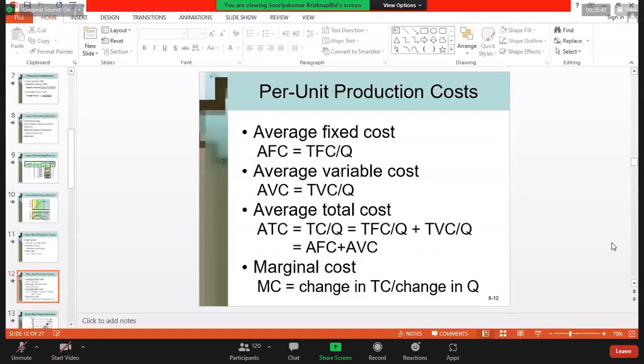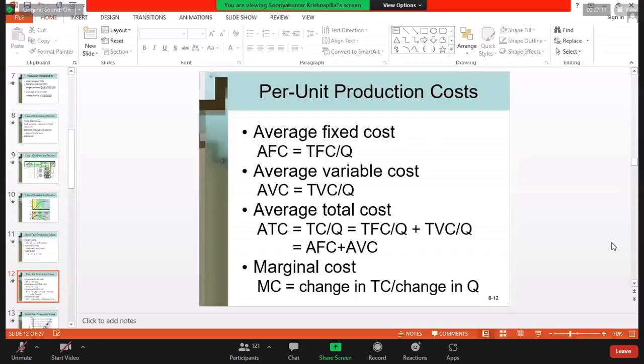But unlike fixed cost, total variable cost is increasing, and it is related to the total production, which we studied last class.